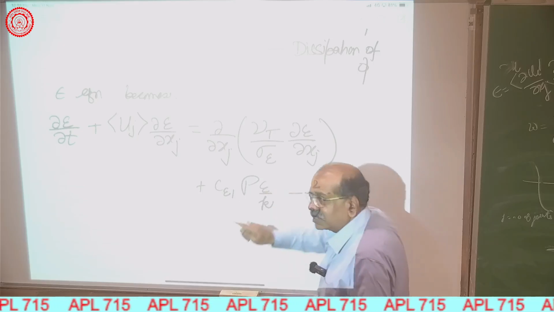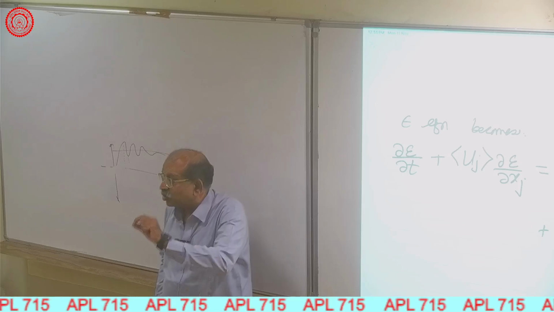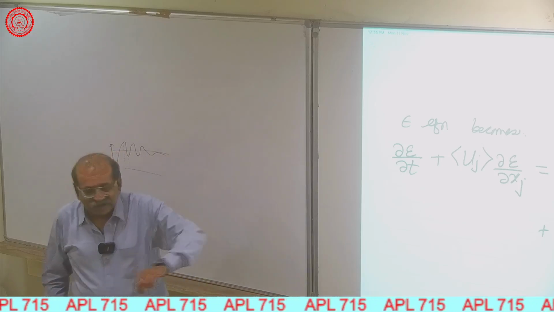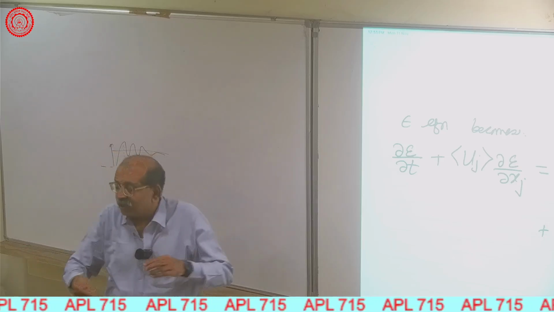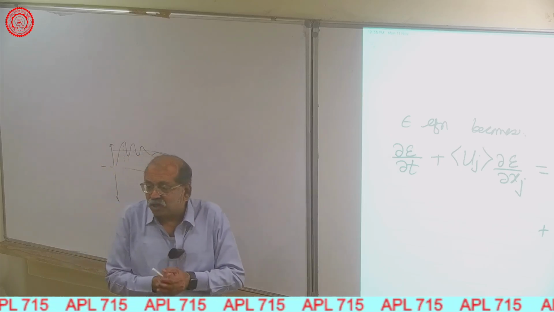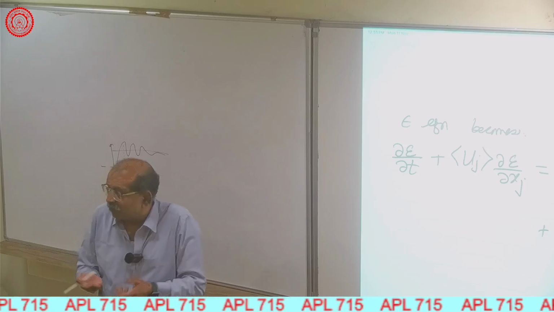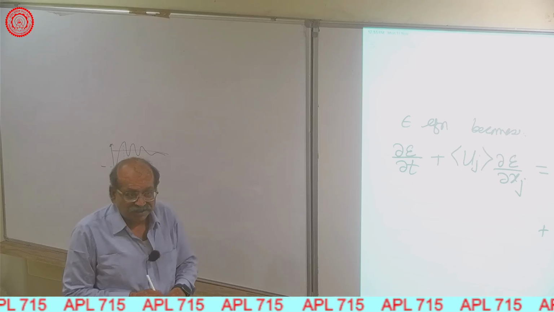See, production has the same dimension as that of dissipation. But then it is d epsilon by dt, so therefore there has to be a time in the denominator, and that is k by epsilon. So when you write a model equation like this, you have to ensure that physics is being followed, but before that, you have to ensure that every term is dimensionally consistent.